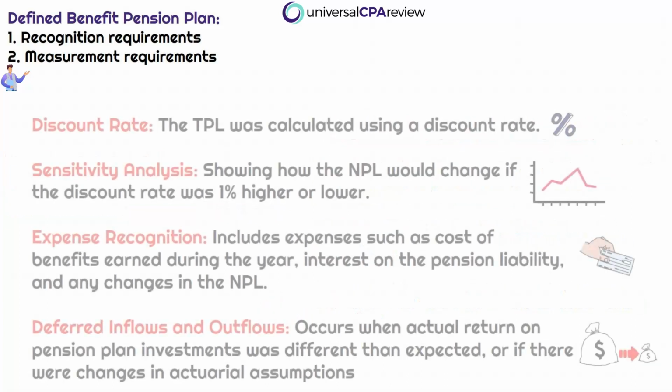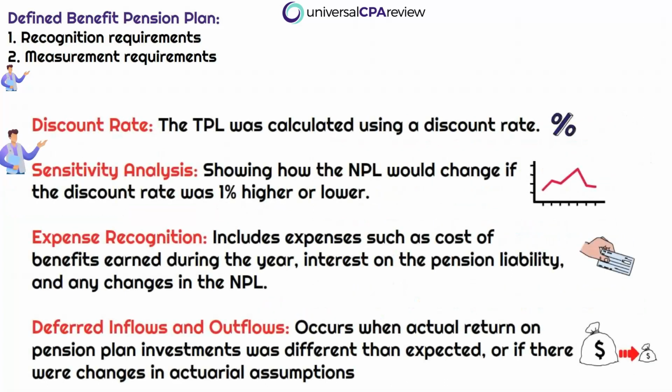So a few other things to keep in mind. The discount rate. The total pension liability was calculated using a discount rate. This rate was based on the long-term expected rate of return on pension plan investments and the yield on high-quality municipal bonds, right? So let's say the actuary used a discount rate of 5%.